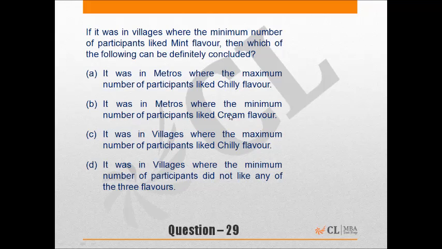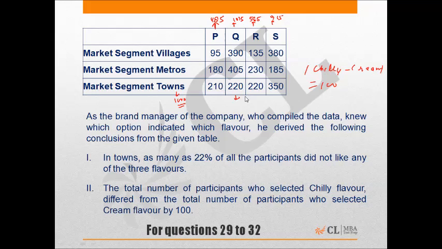In the first question, it is given that in villages where the maximum number of participants liked mint flavor, it means mint flavor was liked by the minimum number of people in villages.